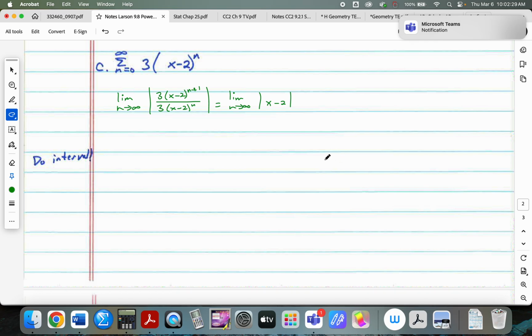Once we've gotten rid of all the n's, and we have here already, haven't we? This is just the absolute value of x minus 2.